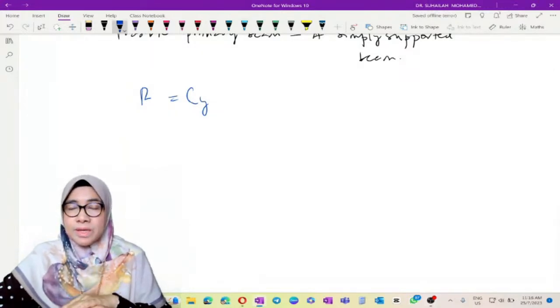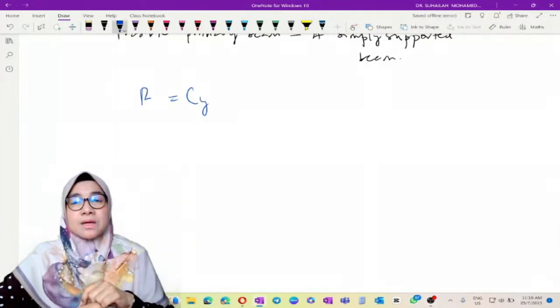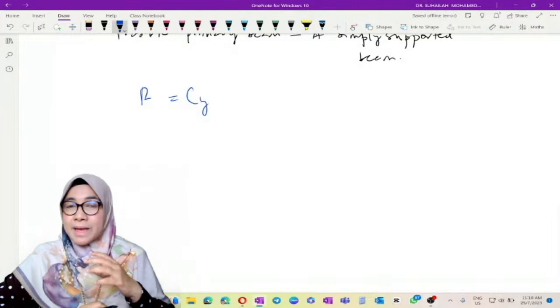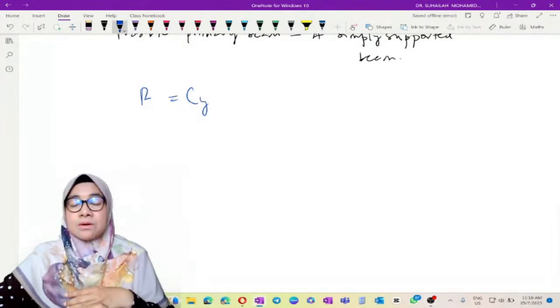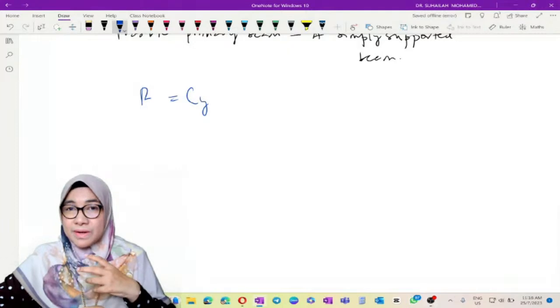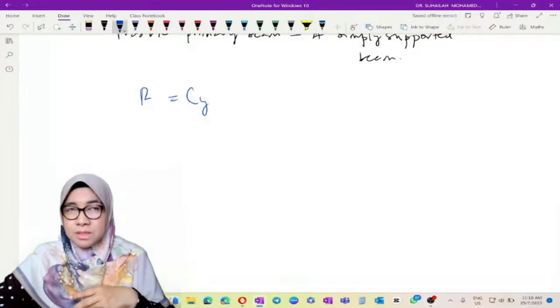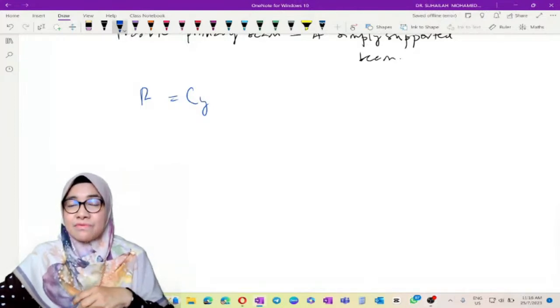What you need to know is once we have chosen the redundant, we have to be able to write the compatibility equation directly. We will solve the redundant using the compatibility equation, which means that by solving the compatibility equation, we will get the redundant value.